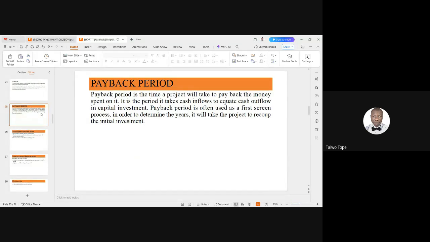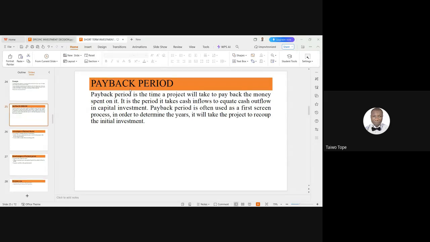So we're talking about the payback period. This is a traditional method of project evaluation, and it does not consider time value of money. So the techniques under the non-discounted cash flow include the payback period and the accounting rate of return.